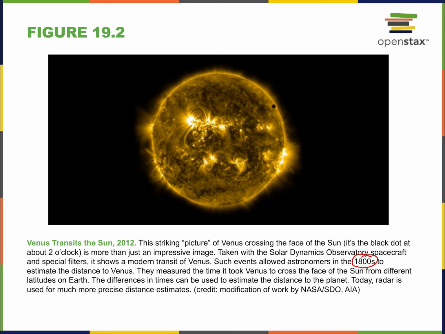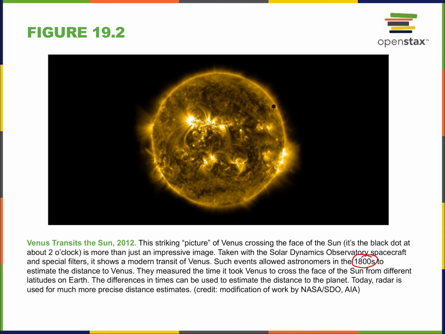It all has to do with angles, and in this case we had the advantage that since Venus was moving, we were able to measure the speed at different points, which gave us a really accurate measurement. So in other words, the transit of Venus across the sun allowed us to measure the distance to Venus. Okay? We started to get an idea of how far away planets were.